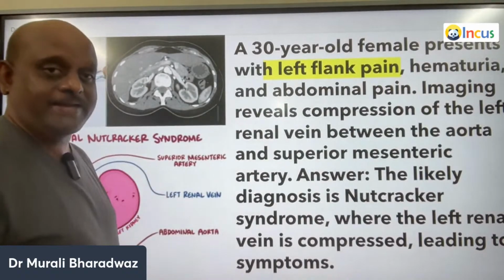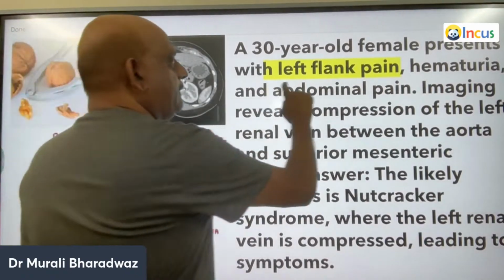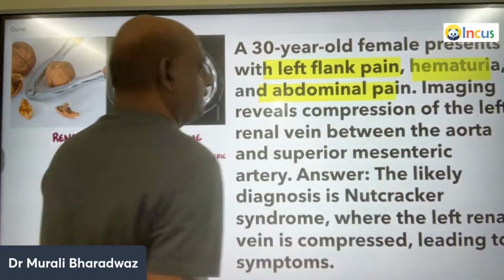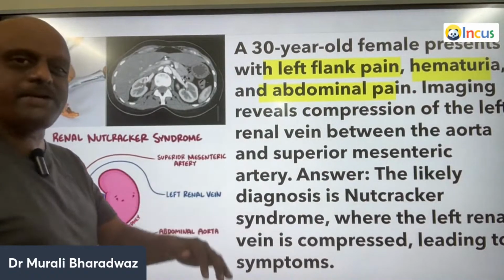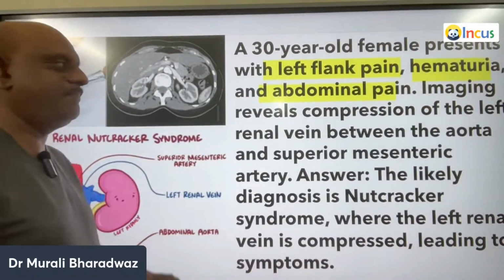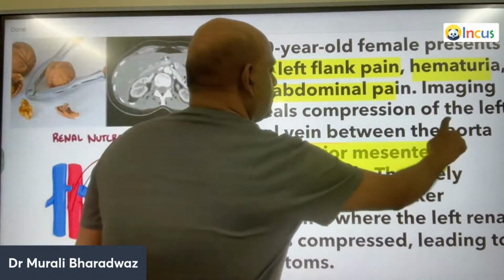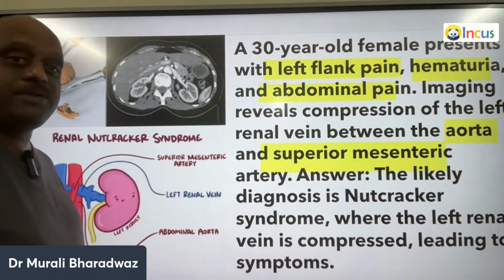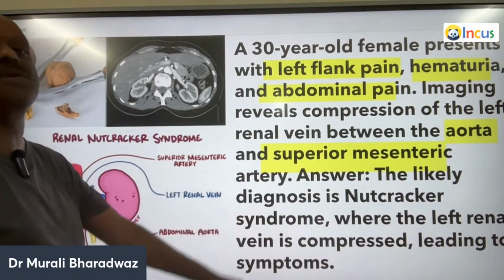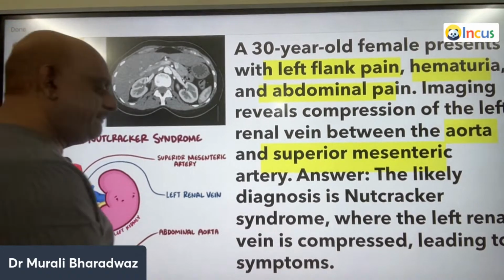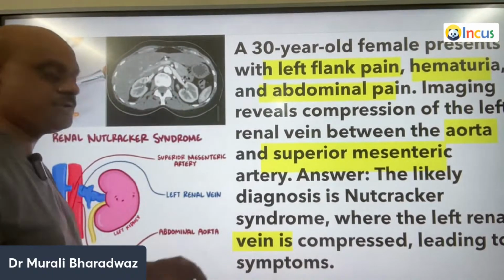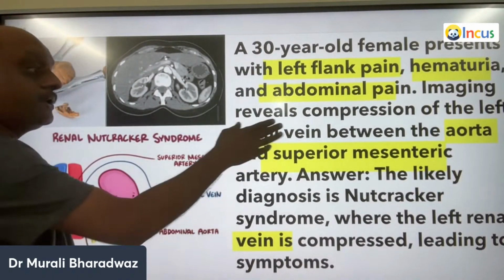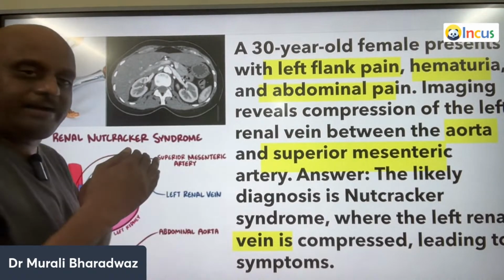There is hematuria, abdominal pain, hematuria, abdominal pain. There is a compression of the left renal vein between the aorta and the superior mesenteric artery. And what is your diagnosis? This is called nutcracker syndrome, where the left renal vein is compressed between the aorta and the superior mesenteric artery.